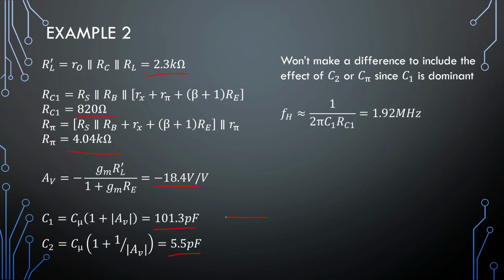C1 is our dominant over here. And that gives us 1.92 megahertz cutoff.